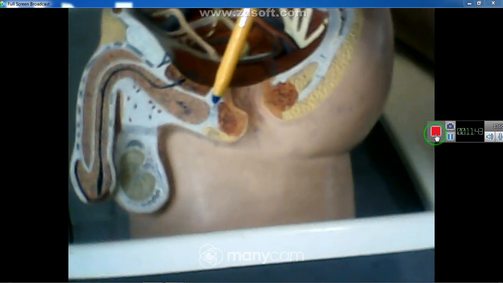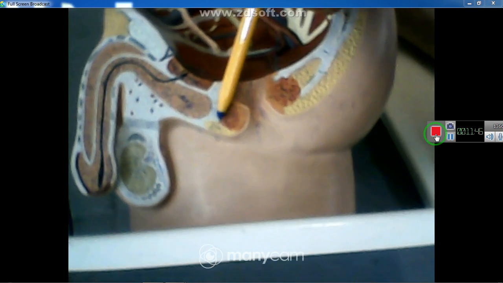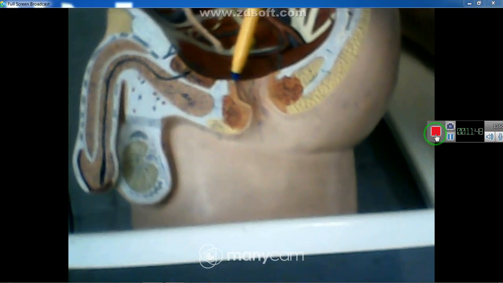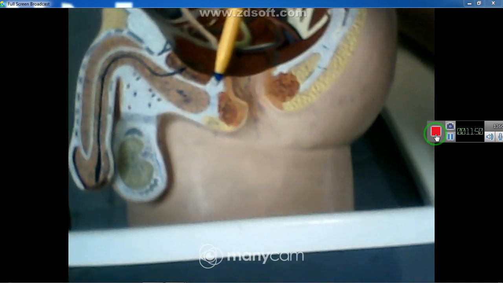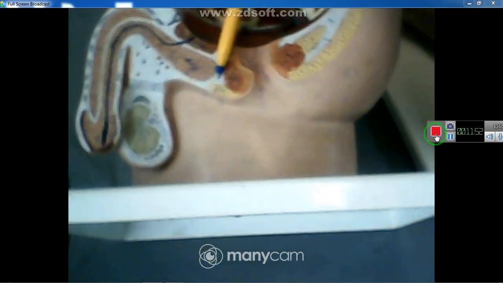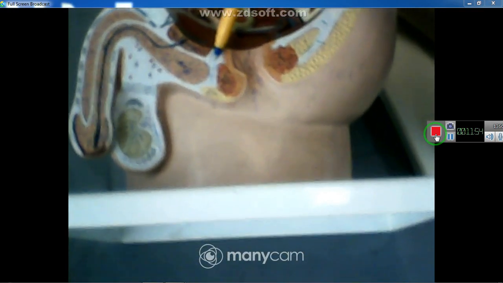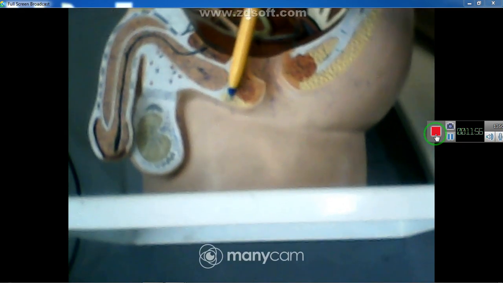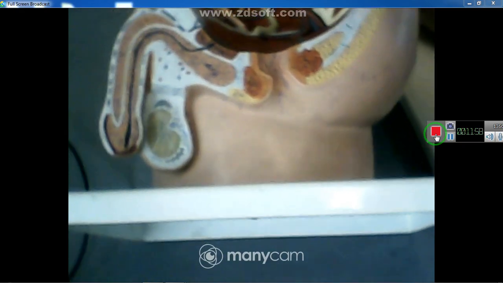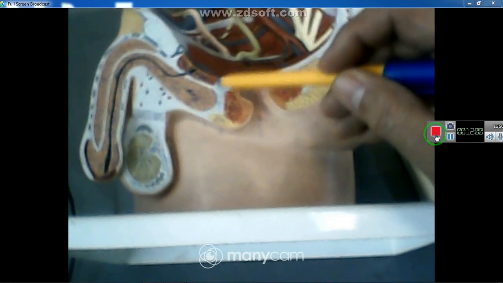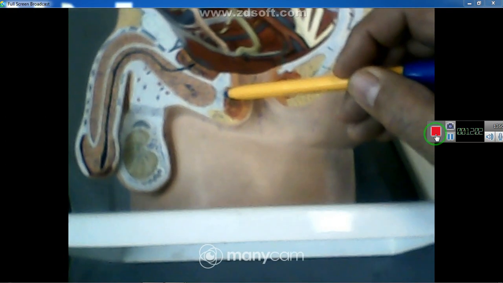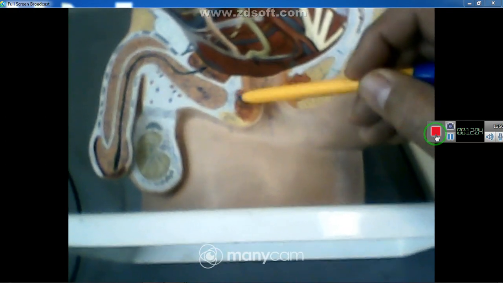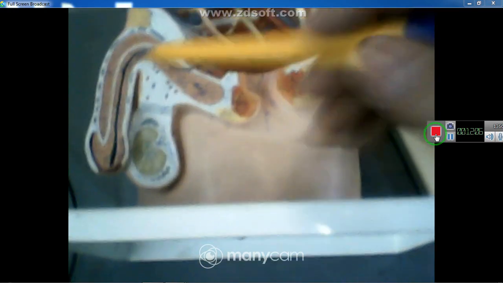And this is a fibrous tissue about a centimeter anterior to the anal canal in the midline. Does anybody know what this fibrous tissue is? This is the perineal body. Just look at this nodule of fibrous tissue, which is the perineal body. It is very important. Why?